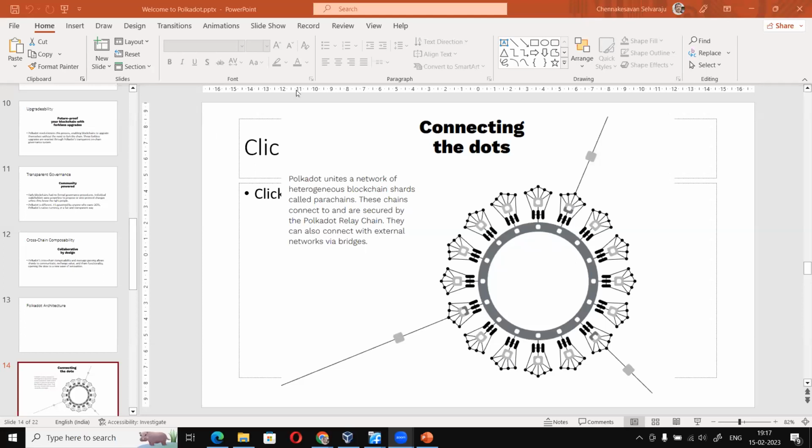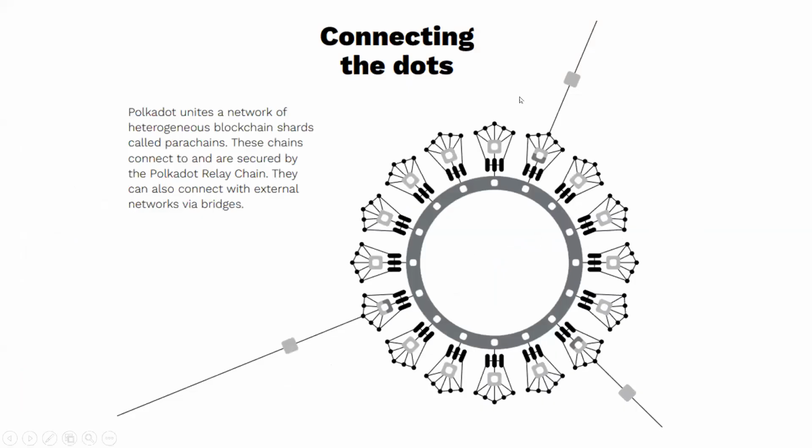Okay. So basically, in simple terms, you can think of Polkadot as a network of blockchains. The primary problem has been that every blockchain has always targeted to be a closed ecosystem, wherein, for instance, the Bitcoin network cannot talk to Ethereum and vice versa.